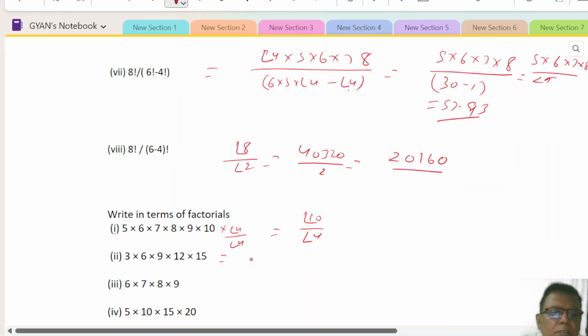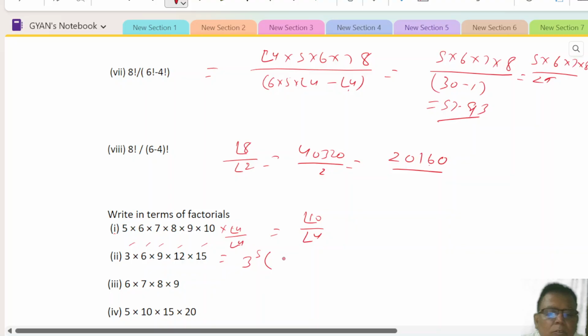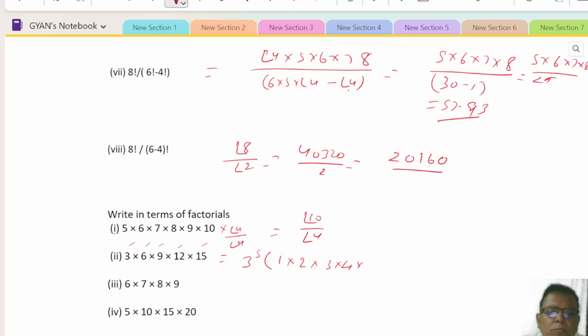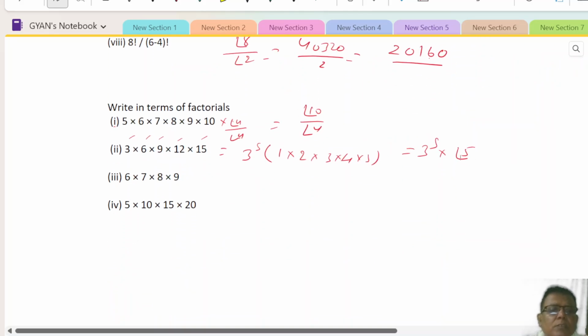Take 3, 3, 3, 3, 3. So 3 to the power 5 equals 1 into 2 into 3 into 4 into 5. So that is 3 to the power 5 into factorial 5. 6, 7 multiplied by factorial 5 divided by 5.